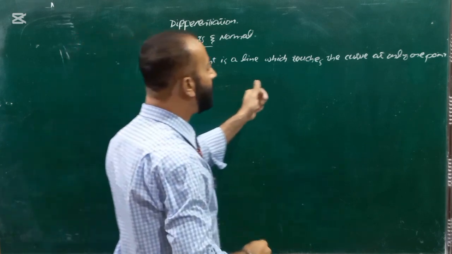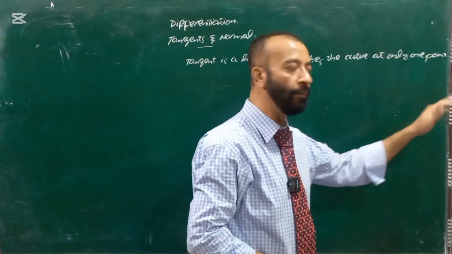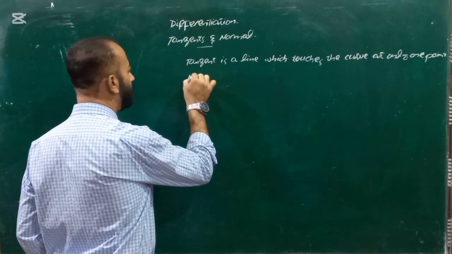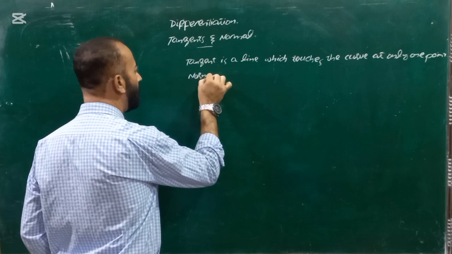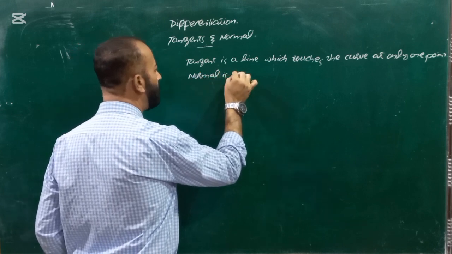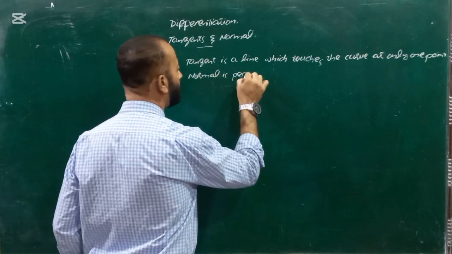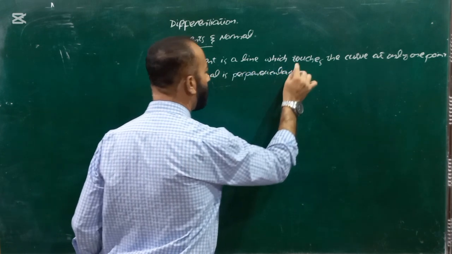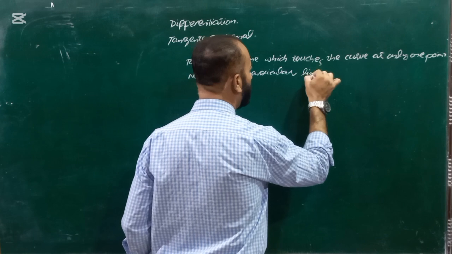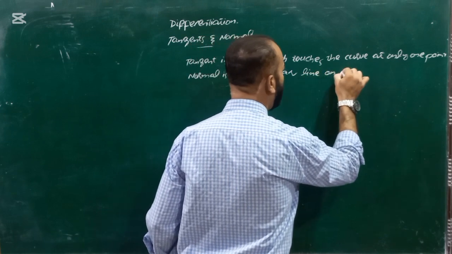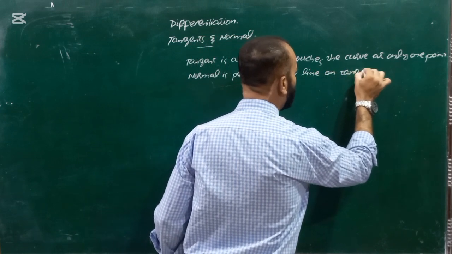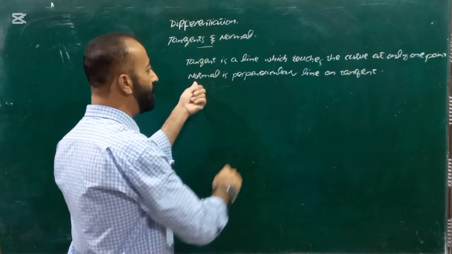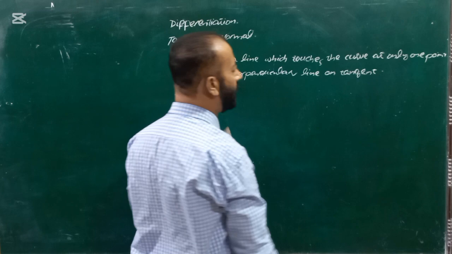A tangent is a line which touches the curve at only one point, whereas the normal is a line perpendicular to the tangent. So the normal is a line which is perpendicular to the tangent.